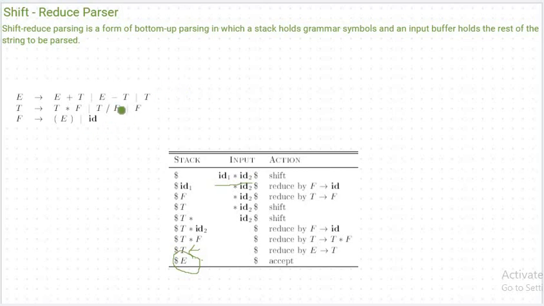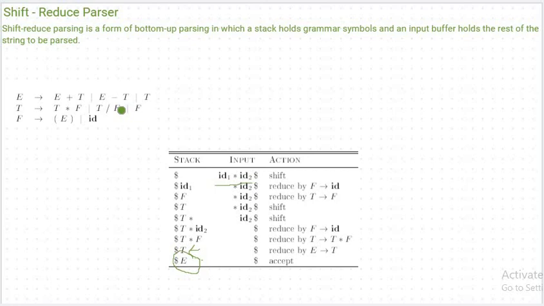One correction to what I said earlier at the beginning of the shift reduce parser: I said that at the end of the shift reduce process, you should end up with an empty stack and all the input string processed. But actually, all the input symbols should be processed, and in the stack you should have the starting symbol, not the empty stack.